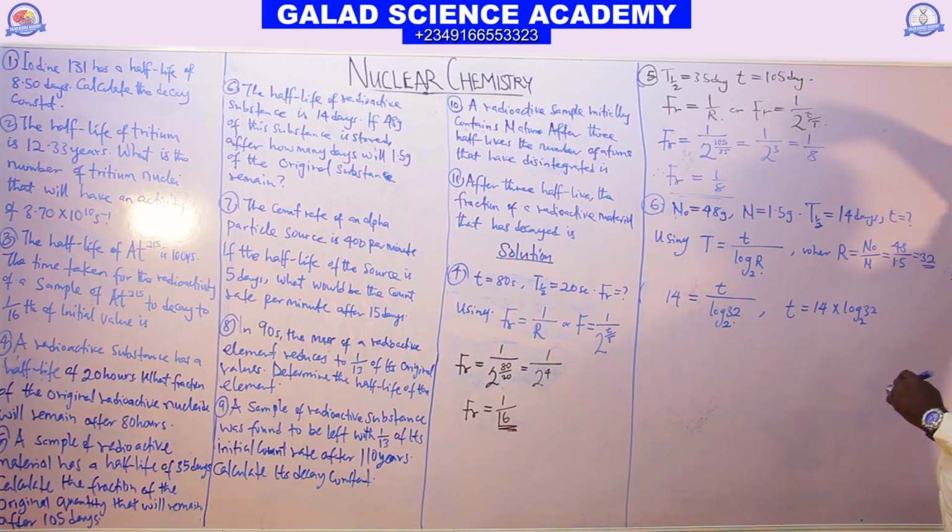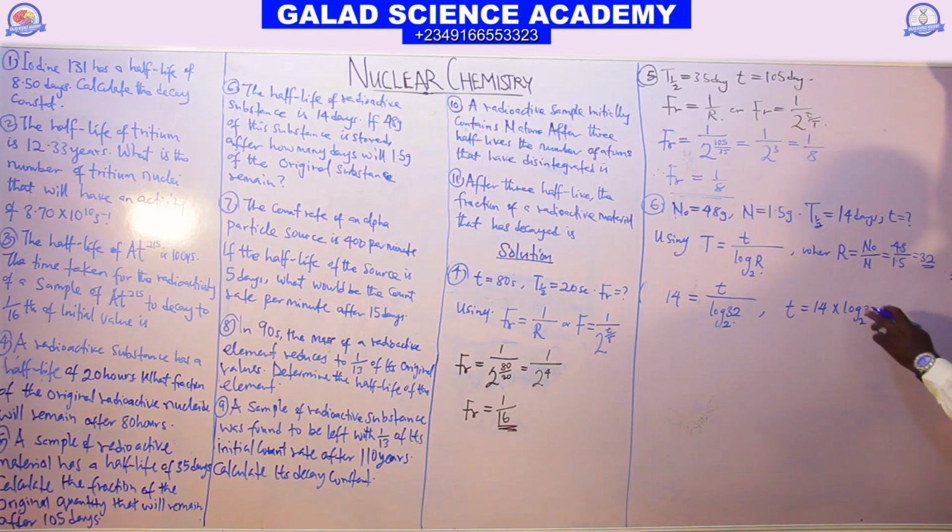If we solve it, logarithm of 32 base 2 will give us 5. We have 14 multiplied by 5, which will give us 70 days.